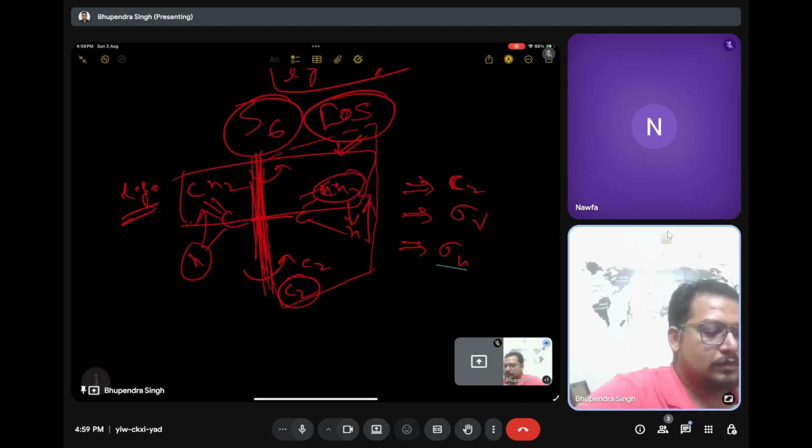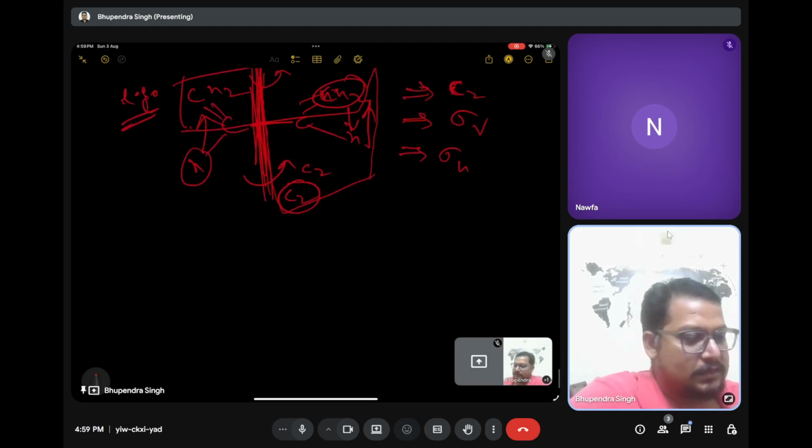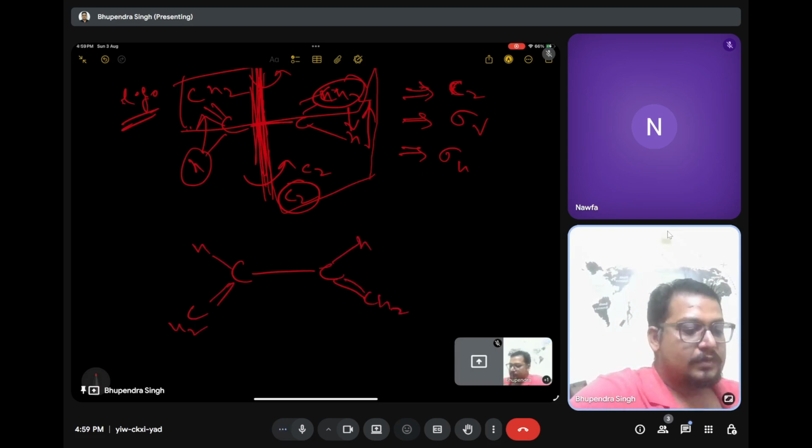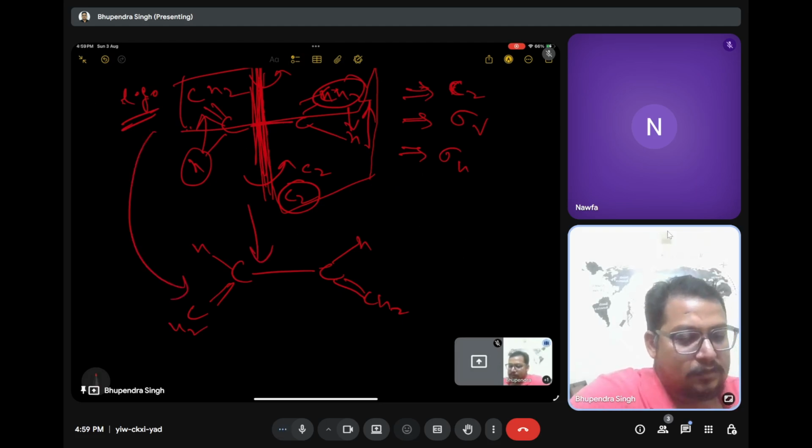So you will not get an equivalent structure, you will get an orientation like this. These two are not equivalent orientations of the molecule, which means sigma h is not present.